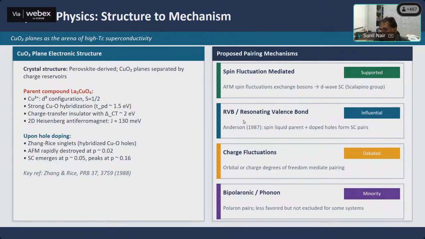Till date, probably the most successful model is that the formation of Cooper pairs is enabled by the presence of spin fluctuations, which are always there in the vicinity of this phase diagram. So these are all superconductors in which magnetism is prevalent, and these spin fluctuations then act like the bosonic glue to hold these fermions together.